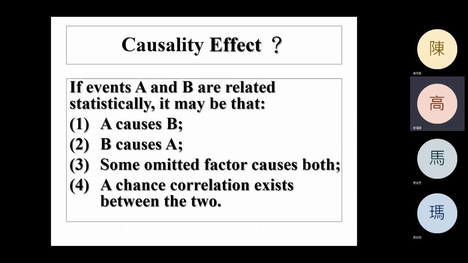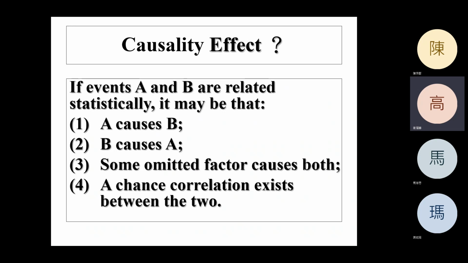Okay, and why is it not that way? Let's see the definition here. If events A and B are related statistically, remember this one, it may be that A causes B, or B causes A, or some omitted factor causes both, or it's just a chance correlation that exists between the two.